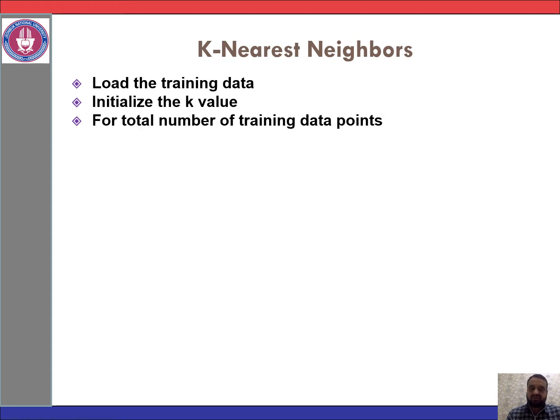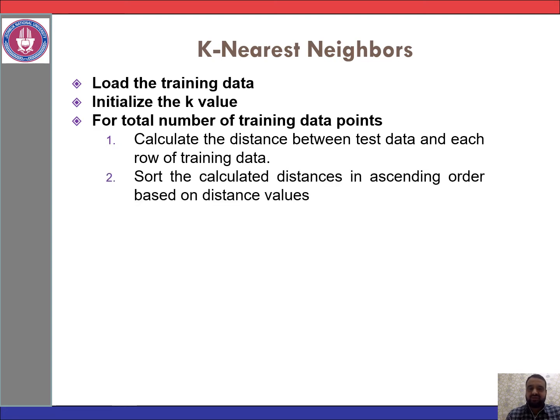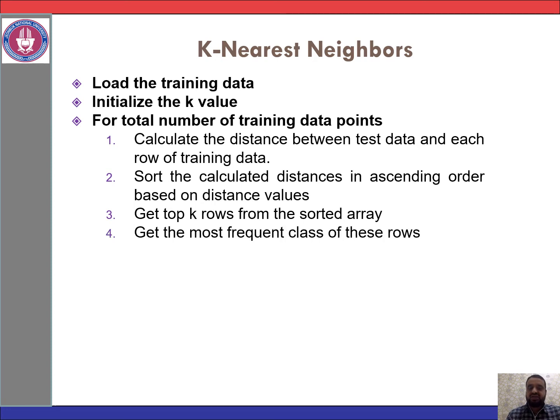Then for the total number of the training data, we calculate the distance of the test sample from each training data, and then we arrange the distances in the ascending order and then get the top k rows. We select the k rows, and then we get the most frequent class of these rows as the representative class of the test sample. So this is the brief algorithm of the k-nearest neighbor classifier.